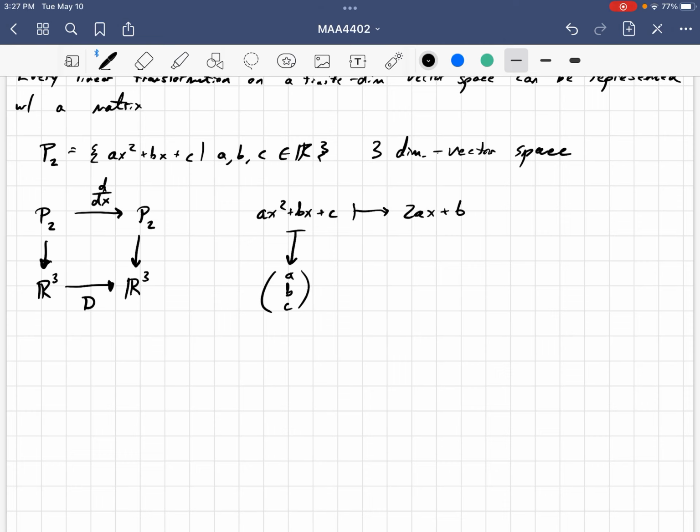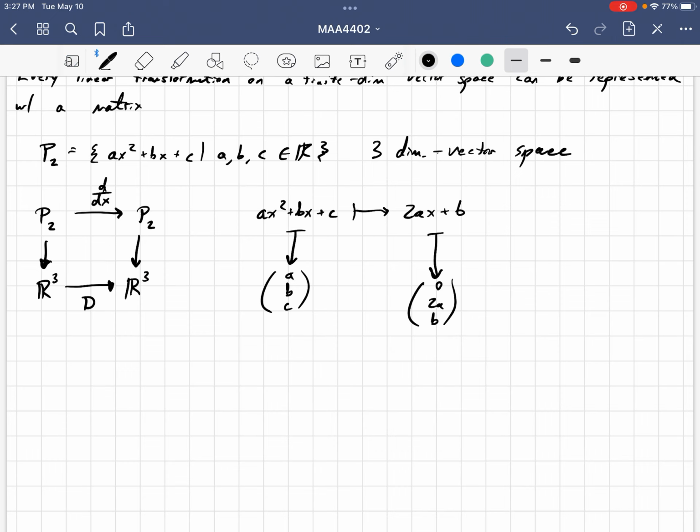And then if we were to think about matching this 2ax plus b with a vector in R3, the most natural choice, given our association here, is 0, 2a, b, right? Because there's no x squared coefficient, so there's a 0 there.